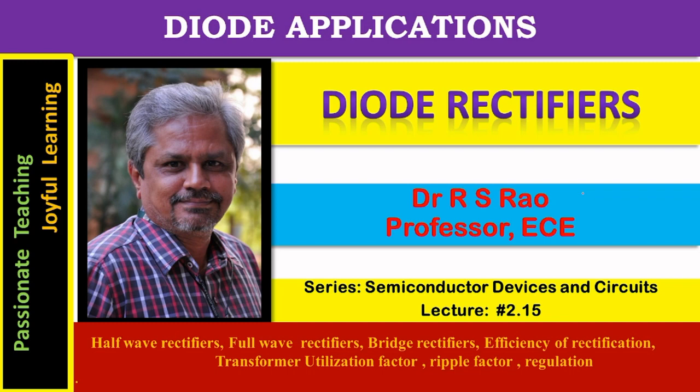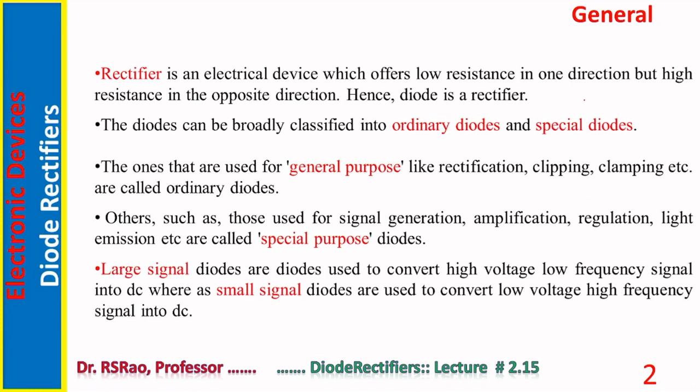Now let us start the session with some general points. Rectifier is an electrical device. It offers low resistance in one direction but high resistance in the opposite direction. Note here, direction refers to direction of current flow.